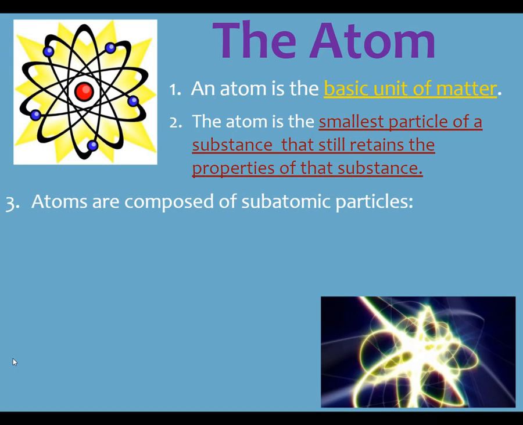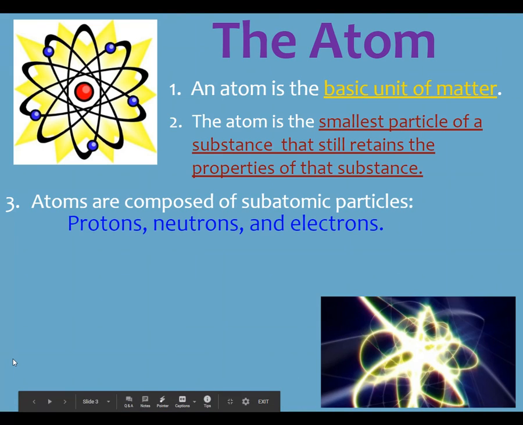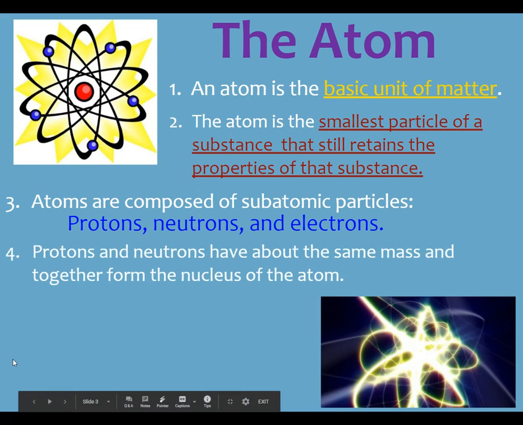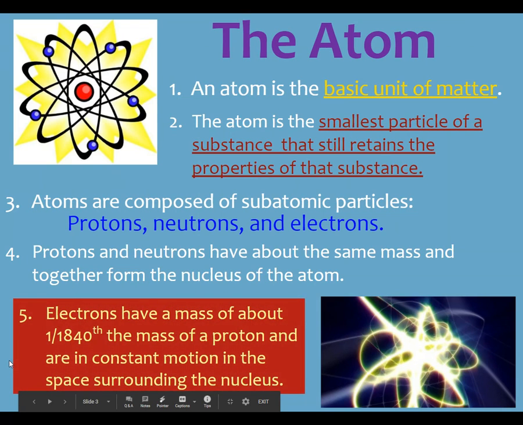And remember, atoms are composed of 3 subatomic particles. They are the proton, neutron, and electron. Protons and neutrons have about the same mass, and together they form the nucleus of the atom. Electrons are small.